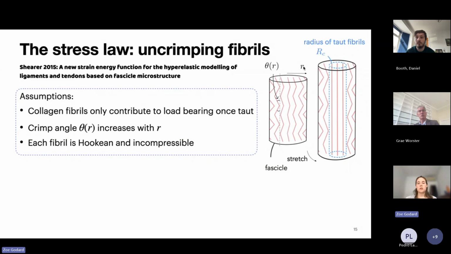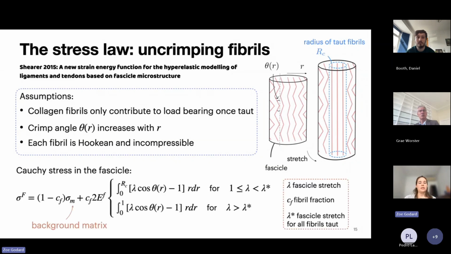So from those assumptions, he's able to write down the Cauchy stress for the fascicle. So the fascicle is the next subunit in the tendon, but we're kind of just going to assume that the fascicle is the tendon. If you want to upscale it, you just sort of need to know the fraction of fascicles within the tendon. So CF here is our fibril fraction. This first part of the equation is just the background matrix.